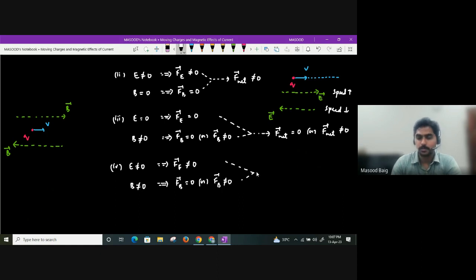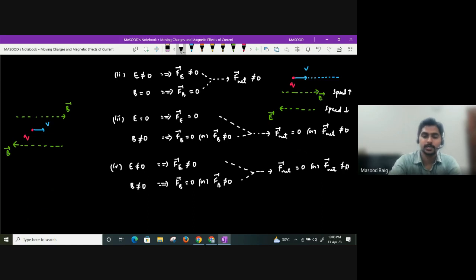Now, net force: if magnetic force is 0, there can be only electric force. So there can be net force. If these both forces are non-zero but in opposite direction, can they cancel out or not? So again, in this case also, net force may be 0 or net force may not be 0.